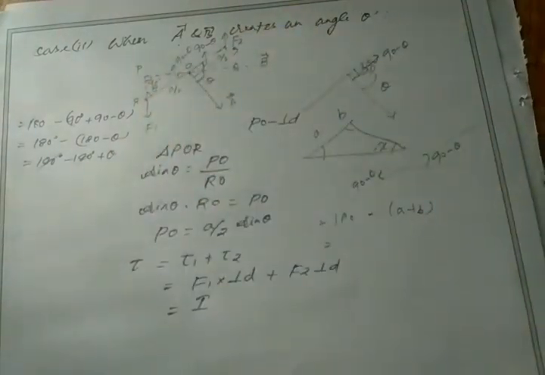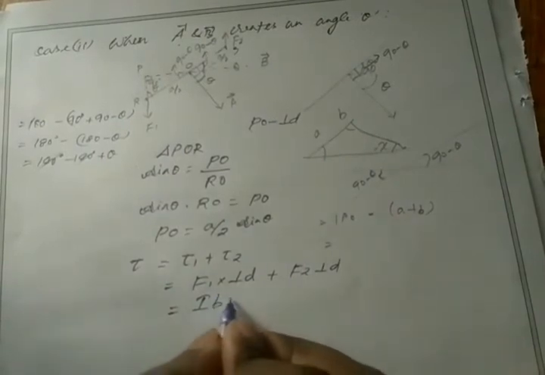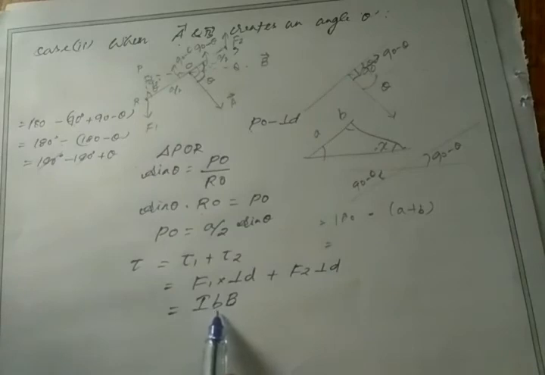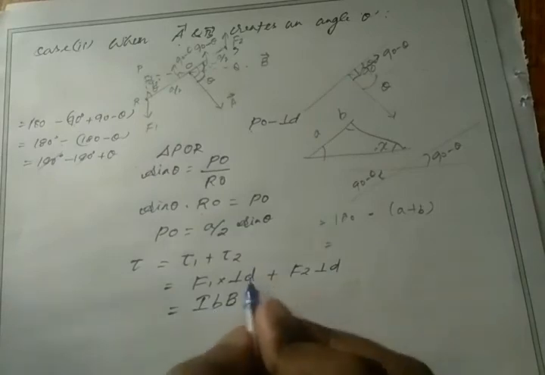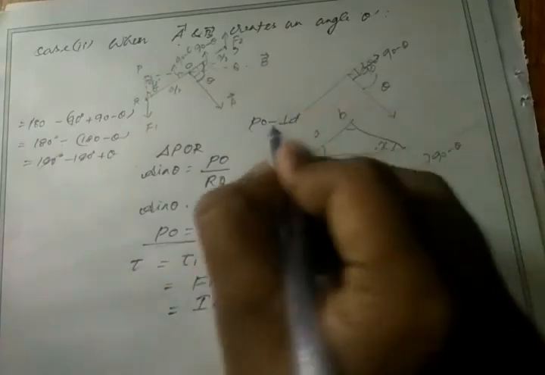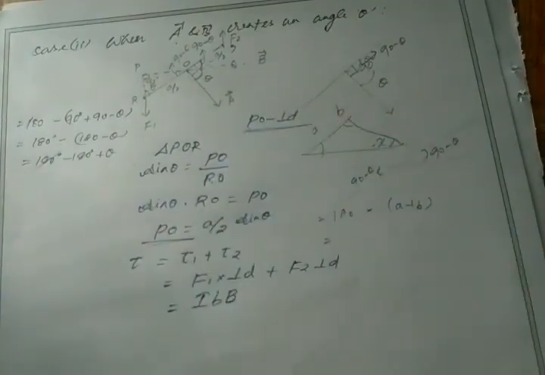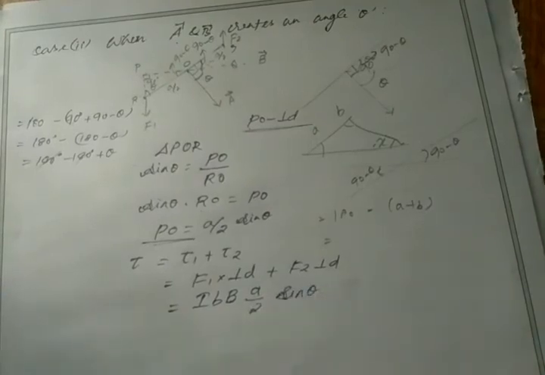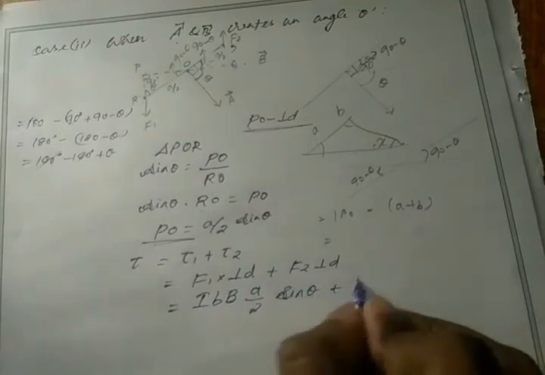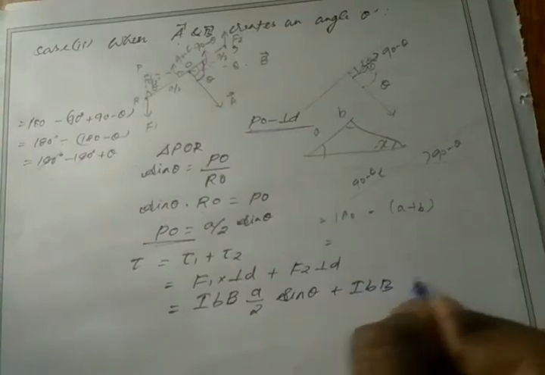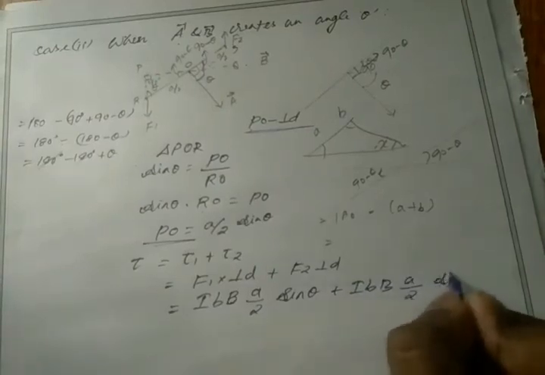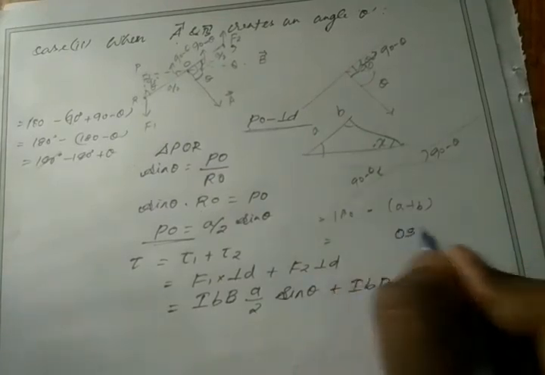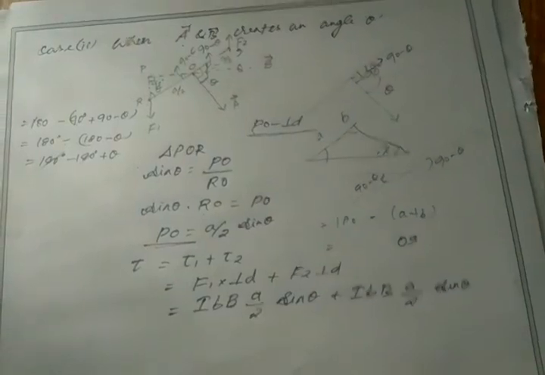Here our L is small b, so IbB, and the perpendicular distance is PO, because we take PO as the perpendicular distance. What is the value of PO? A by 2 sine theta. For the other force we get the same value, IbB times A by 2 sine theta. Here A by 2 sine theta is OS, the other perpendicular distance.